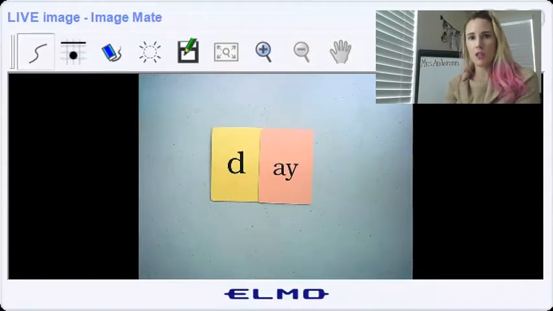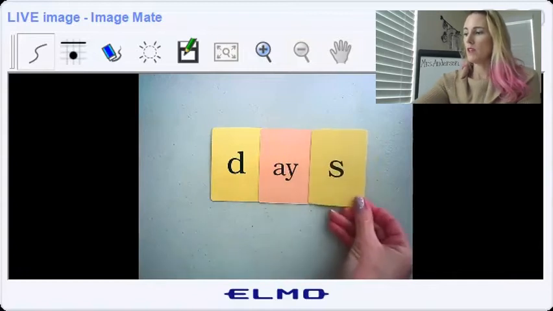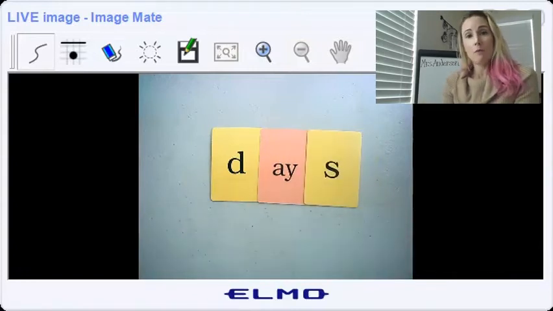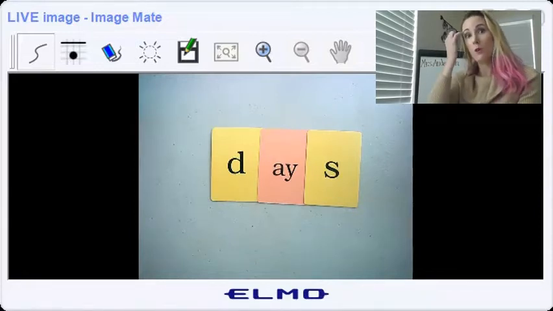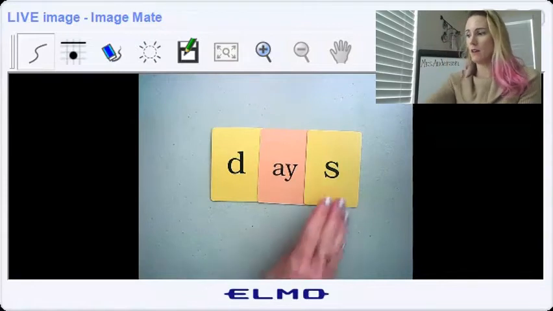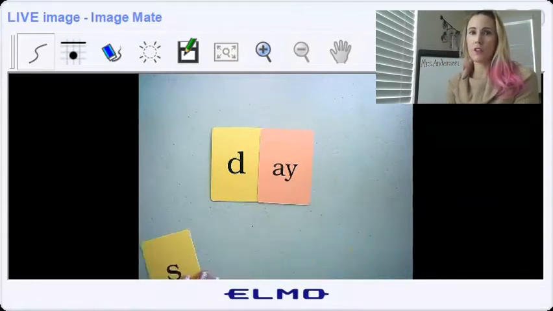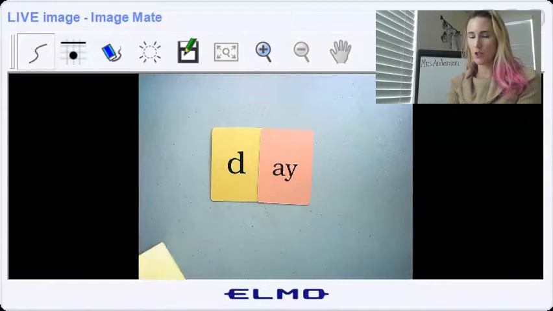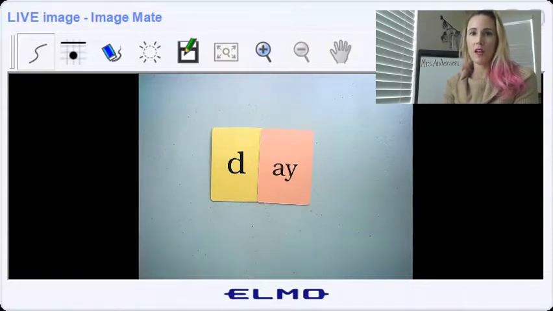The exception would be when we add on some of these and make day plural. So if I have days, the AY does fall in the middle, but of the base word day, we hear the A at the end. So when I say we're using the AY at the end, I'm talking about the base word.